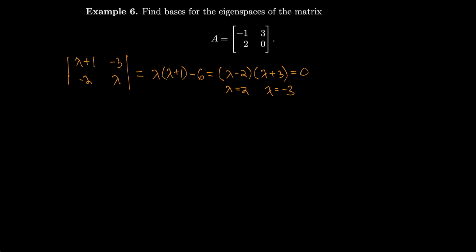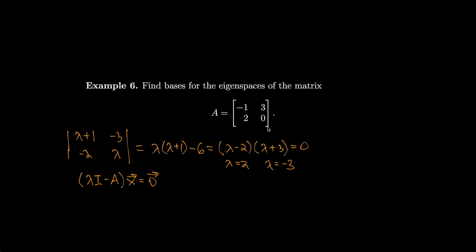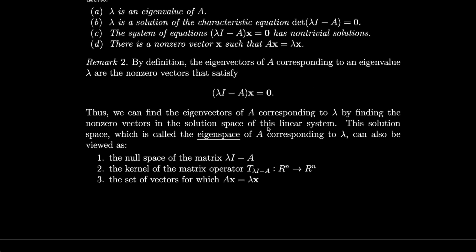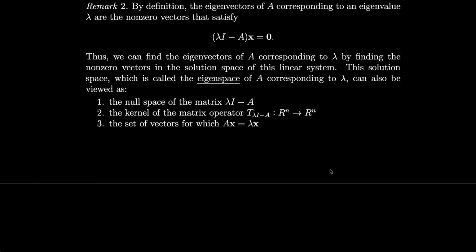Much easier when you have a 2 by 2 matrix. So remember, this is the equation: (lambda I minus A) times x equals the 0 vector is what we are looking for. This is what will give us the eigenvector that we need.